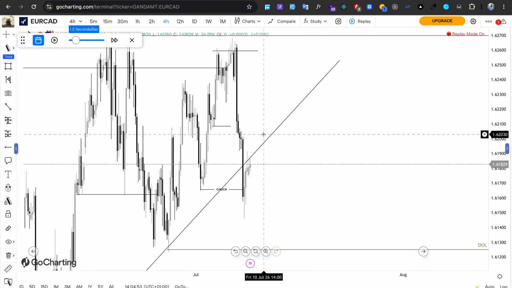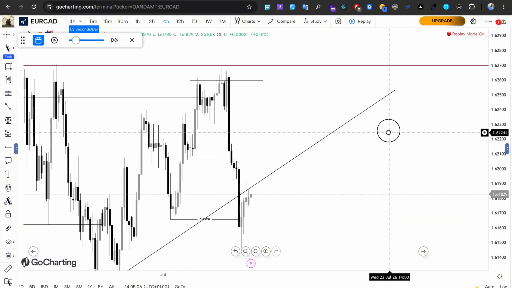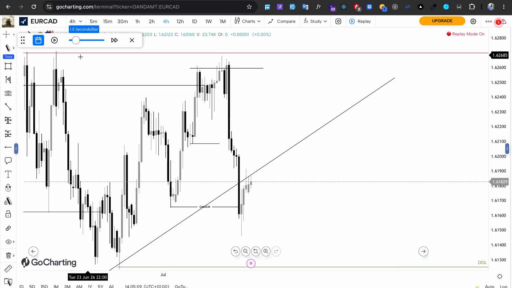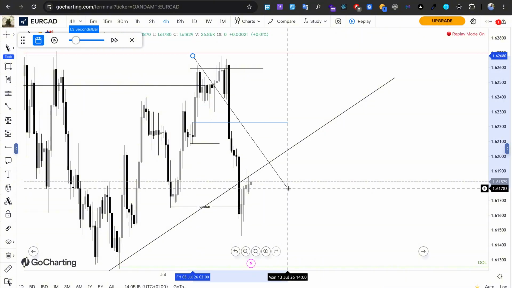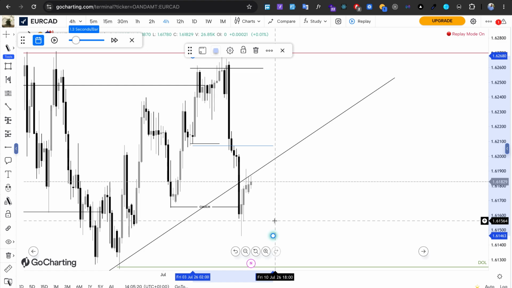So we can say, if I take my Fibonacci from here to this particular place, this has given me a dealing range, right?